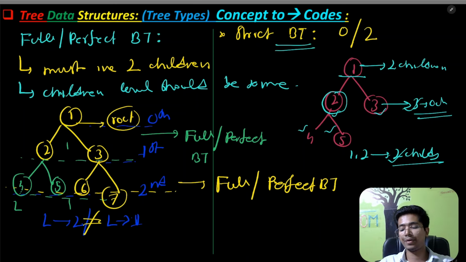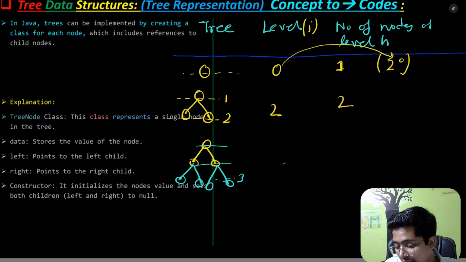There are 2 nodes. If we make it a larger tree and add more nodes, and number level 1, level 2, and level 3, how many nodes are present at level 3? 1, 2, 3, 4. So this is 4.